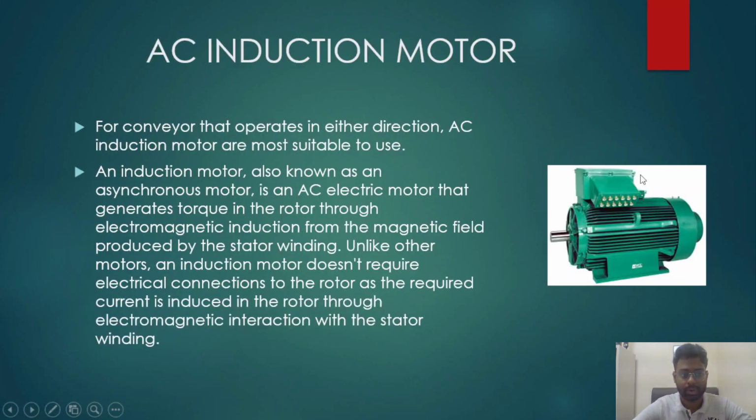The next one is about AC induction motor. For conveyor that operates in either direction, AC induction motors are the most suitable to use. An induction motor, also known as an asynchronous motor, is an AC electric motor that generates torque in the rotor through electromagnetic induction from the magnetic field produced by the stator winding.